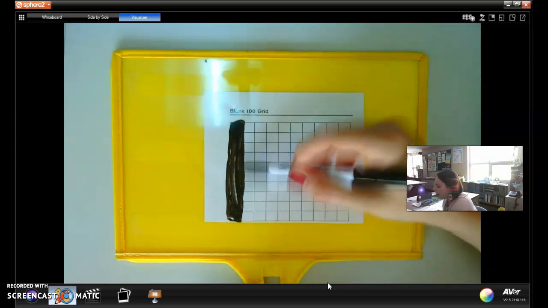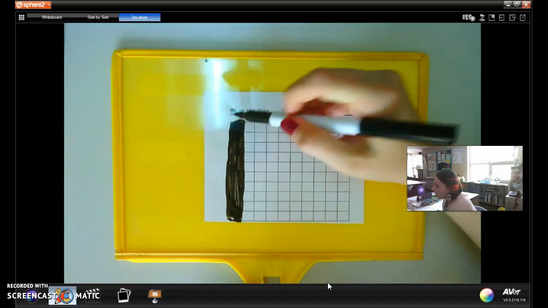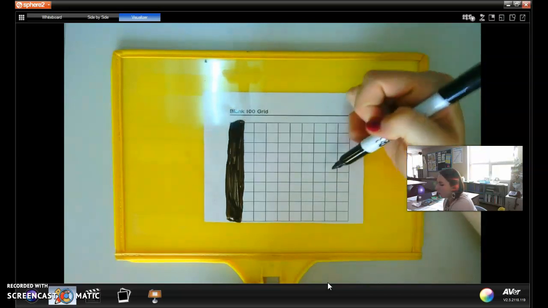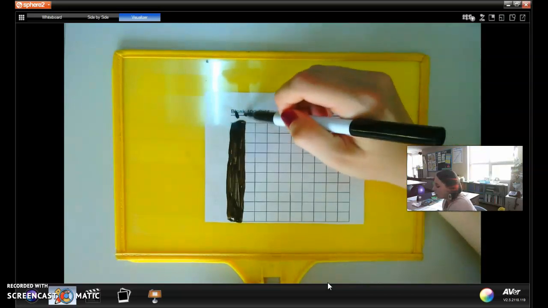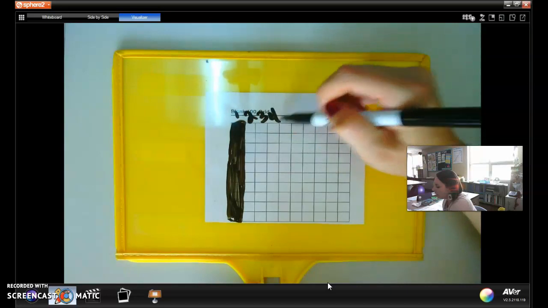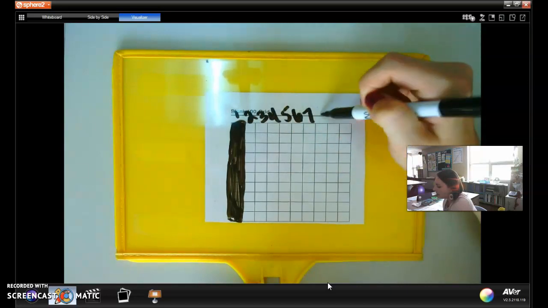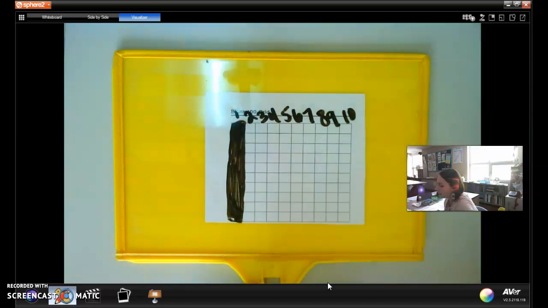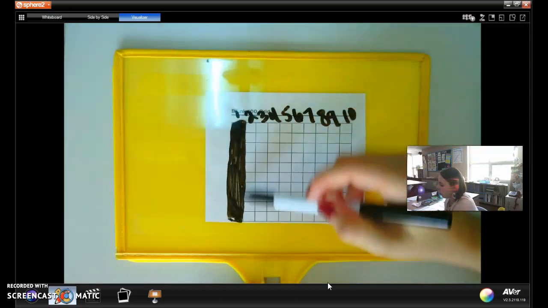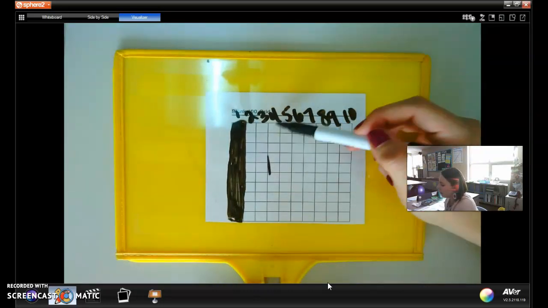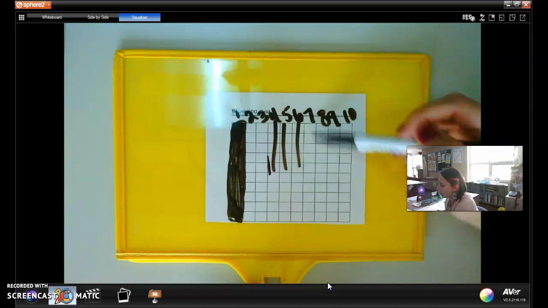Okay. Now, I'm going to have 10 of these rectangles going across. Here's 1, 2, 3, 4, 5, 6, 7, 8, 9, 10. Well, here's one of those, 2, 3, 4, 5, 6, and so on.